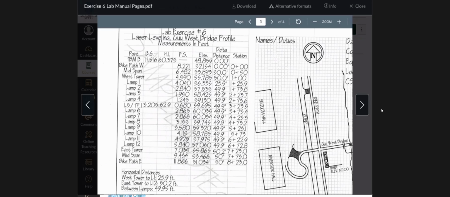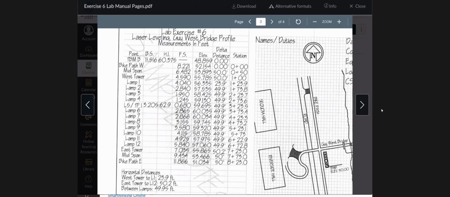You're going to calculate the height of instrument, and you're going to calculate all the elevations based on the height of instrument and the foresights all the way across the bridge. You can see here that at the end of the bridge on the west side, you've got a foresight of 8.22, and the numbers decrease. These numbers are really fictitious.